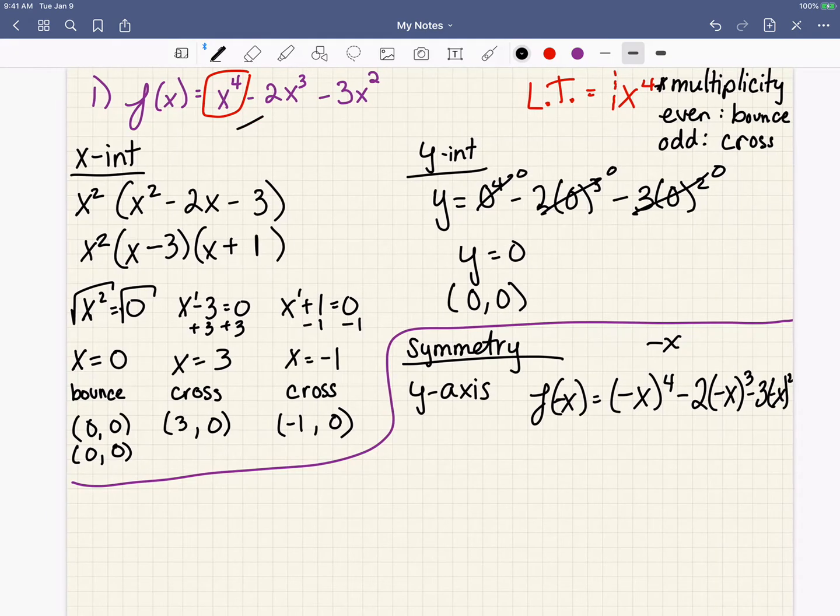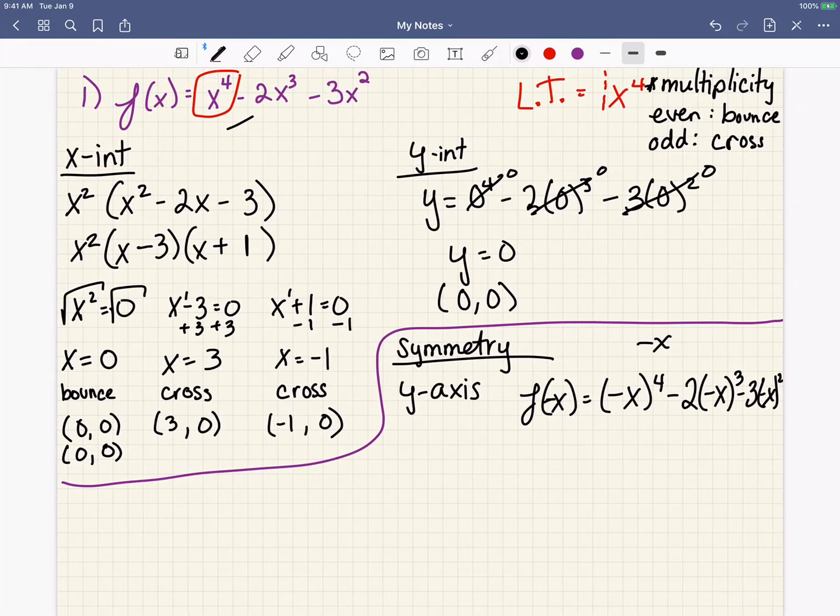If I take x to the 4th, since it's an even number, I know it's going to end up staying positive. So my first term matches. Now the second one, a negative x to the 3rd. Since it is to an odd number, it ends up being a negative, which means it would be negative x times 2, which is going to give me actually a positive 2x cubed.